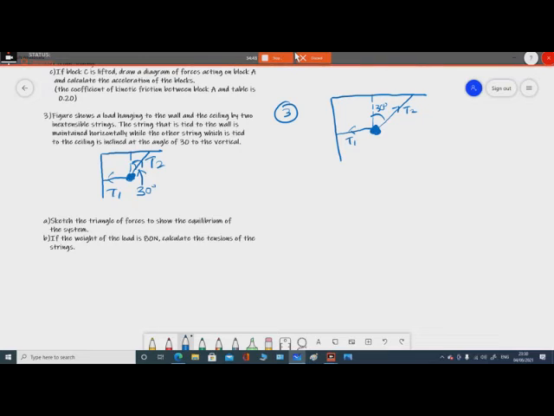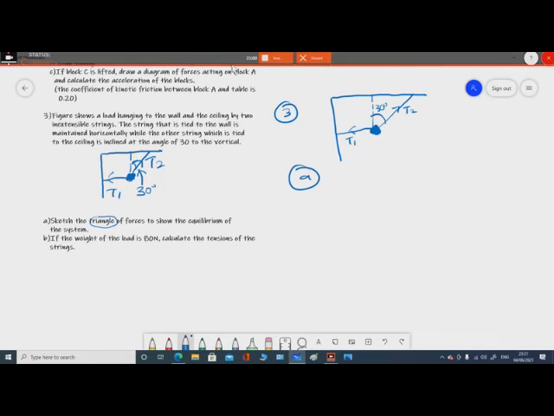Sketch a triangle to show the equilibrium of the system. The triangle means the vector diagram.